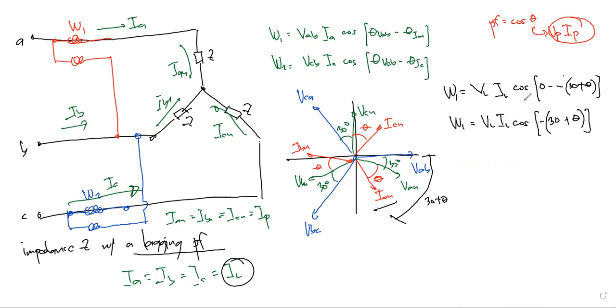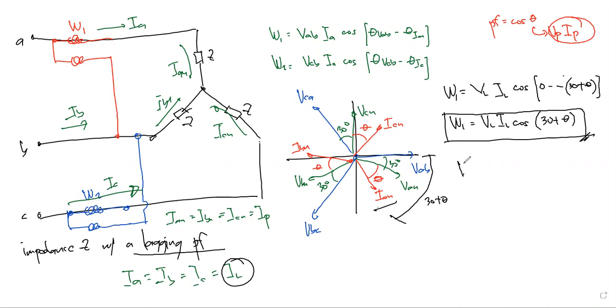So that makes it positive, and we can have cosine of 30 plus theta. This would be the indication of wattmeter 1: line voltage, line current, cosine of 30 plus theta, where theta is the power factor angle.